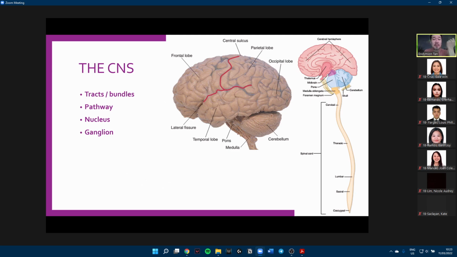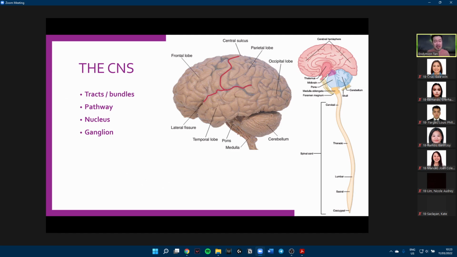Because for your tracts or bundles, they would carry impulses to another distant site, pero they would govern generalized na function. For example, the corticospinal tract would control the motor function of the extremities. Extremities, pwede naman finger, hand, wrist, shoulder, elbow, etc. Hindi specific.